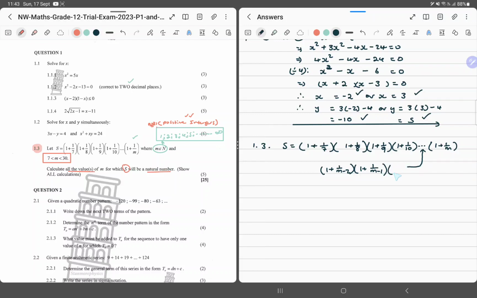Then we end up with 1 plus 1 over m. Because we could see that the denominators of the next term inside the bracket were increasing by 1. And to get to that last term, it means we must have had a decrease by 1 until we got m. So this is just a technique you will have learned from sequences and series.